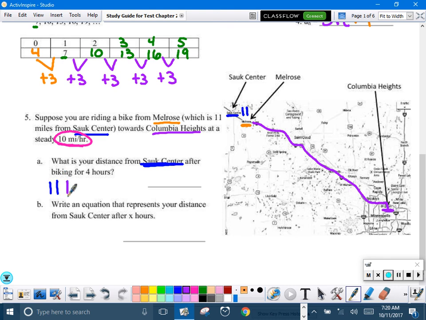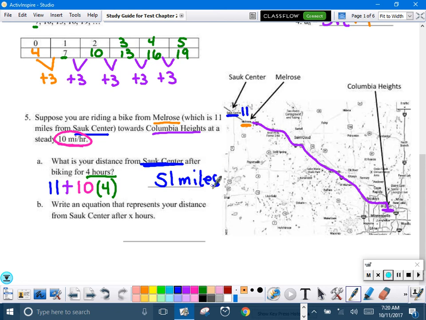Plus, you're biking at 10 miles per hour, and it wants to know how far have you traveled after 4 hours. Well, that's what you're multiplying by. So 11 plus 10 times 4. So far you have ridden 51 miles.